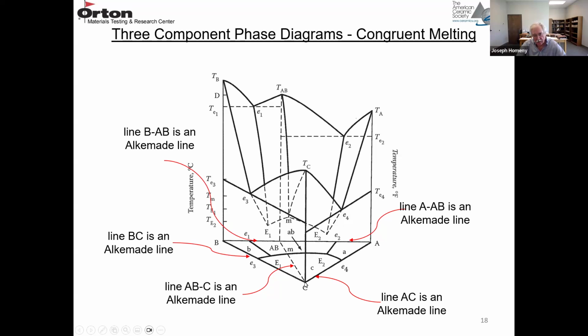So this is connecting C and A, and it's also where the boundary intersects A and C between phase field C and phase field A. So it has to connect the two phase fields. So this one is B and C. This is phase field C and phase field B. It intersects BC. So they're all alkemade lines.